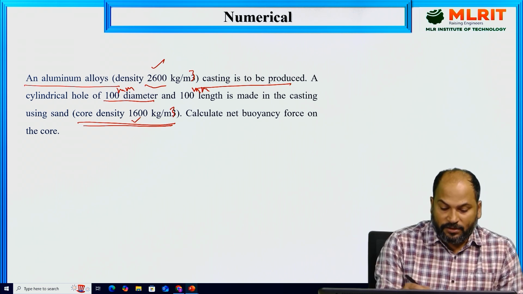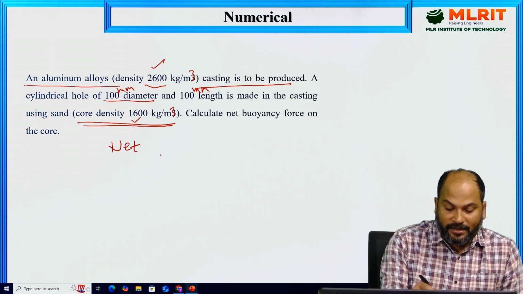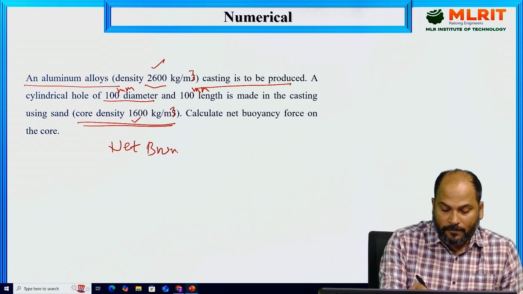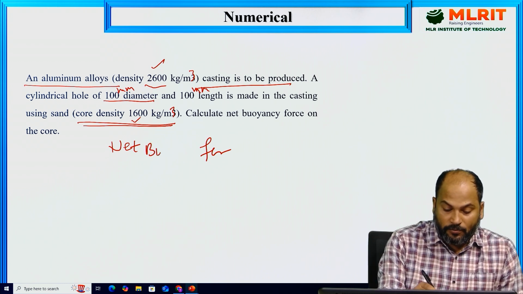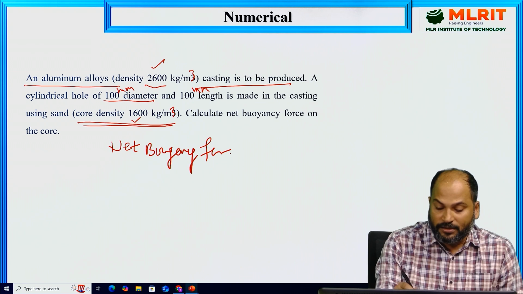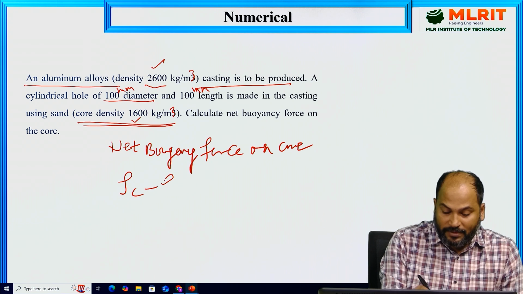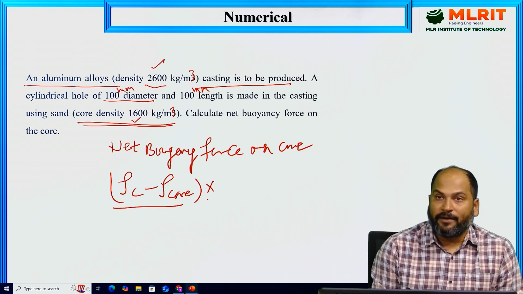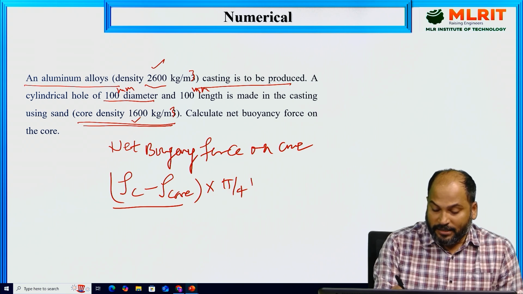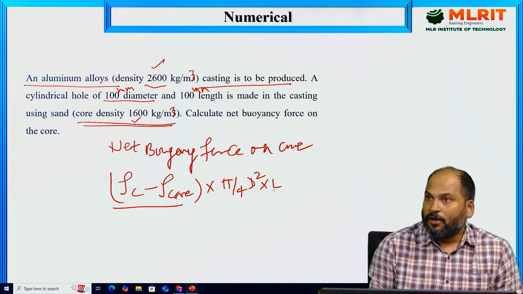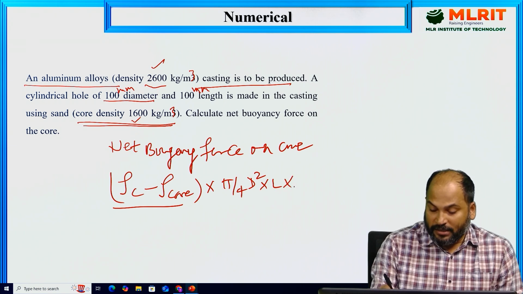So the net buoyancy force on the core can be written as the density of the casting minus the density of the core, multiplied by the volume, which gives mass. The volume is cylindrical, so pi by 4, core diameter squared, times the length of the core, into acceleration due to gravity.